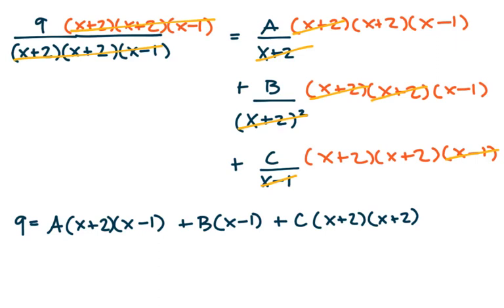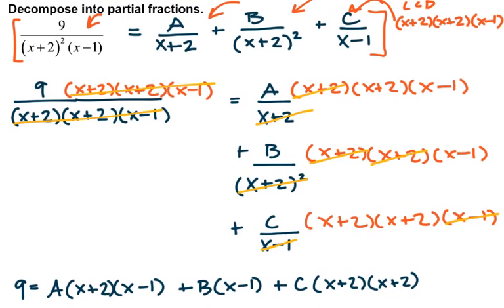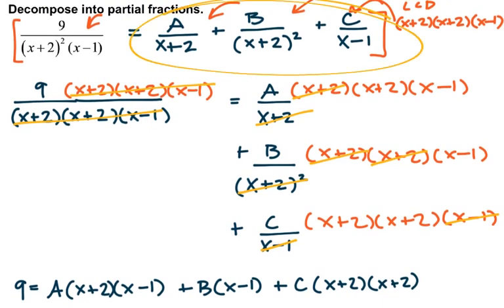All right, so we started with that large fraction, we unadded it, and then we multiplied all of the terms by the LCD, and that caused some nice cancellation, so we were able to clear the fractions.